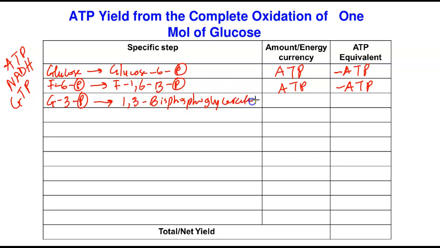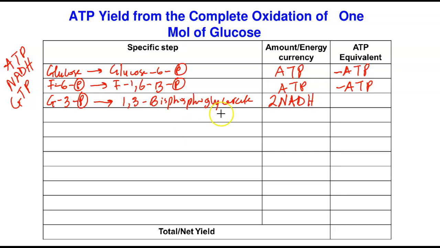Now, what that simply means is that if this was converted to this, what's the energy equivalent we generated there? It is NADH. And because there are 2 molecules going in at this point, we're going to have 2 NADH generated at this point.